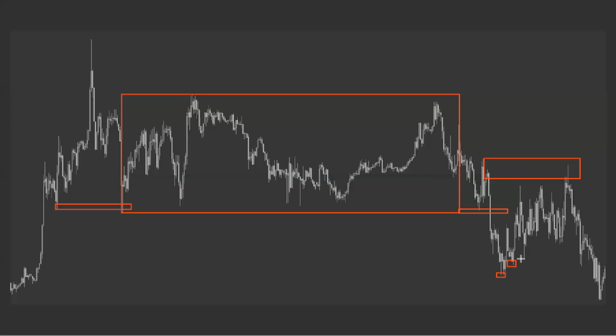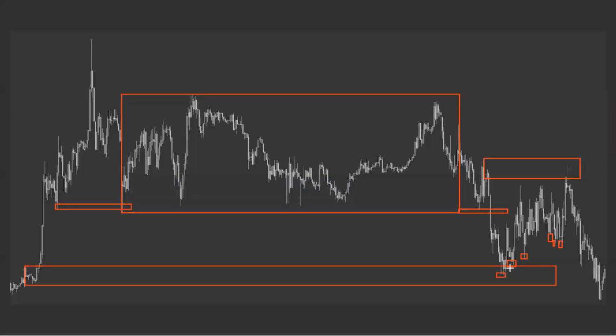spiking down here. Okay, it's consuming the buyers which it picked up down here. Okay, sorry, extend that. Okay, picked up buys there.